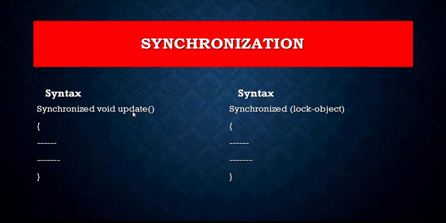So when we declare the method as synchronized, Java will create a monitor and hand it over to the thread that calls the method first. As long as the thread holds the monitor, no other thread can enter the synchronized section of code. A monitor is like a key: the thread that holds the key can open the lock.